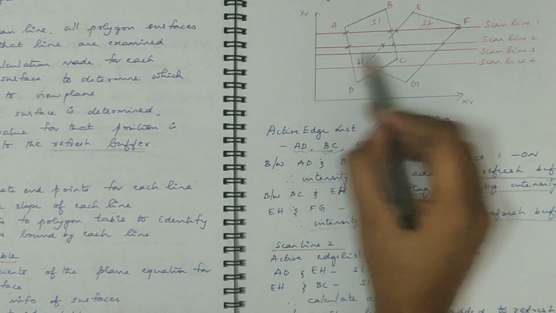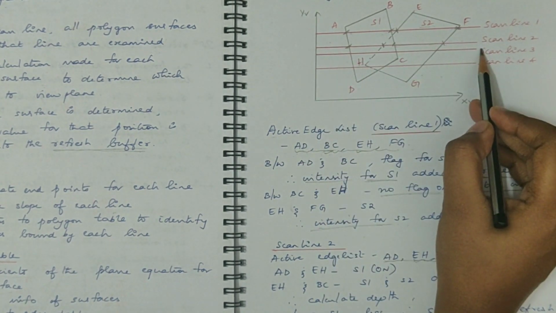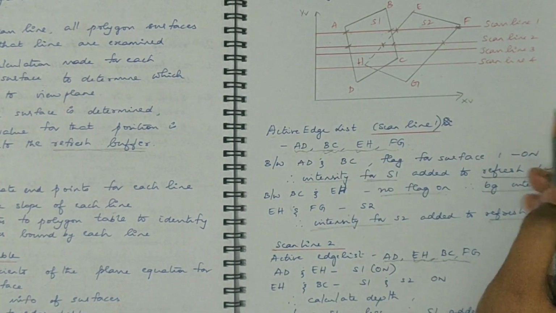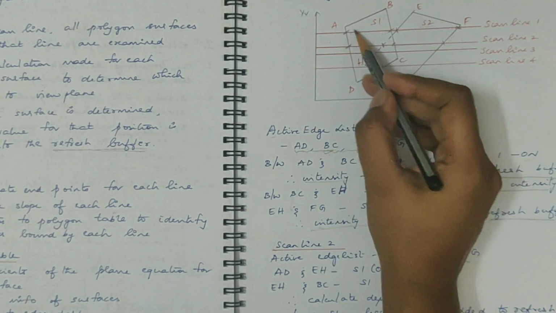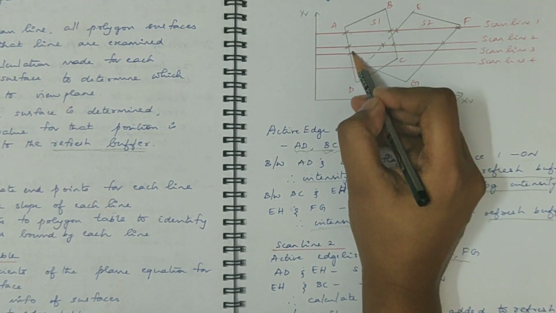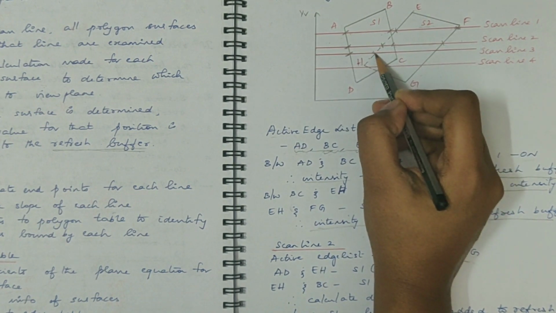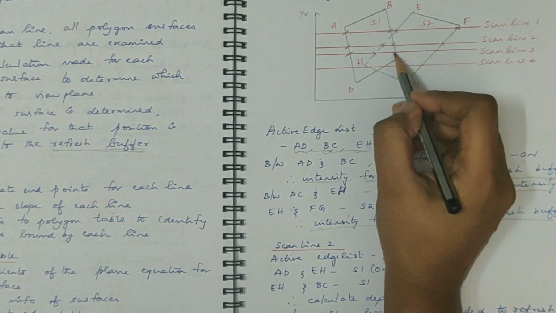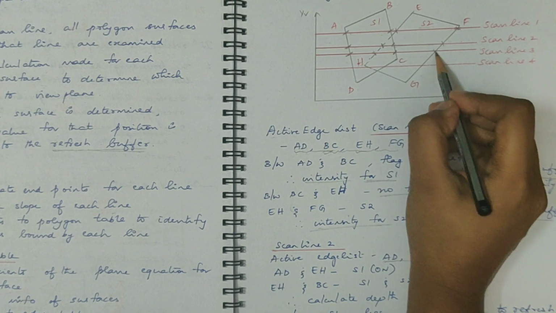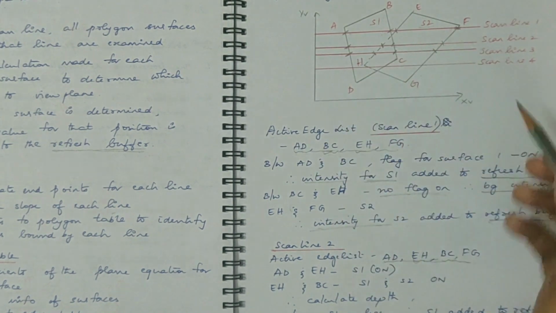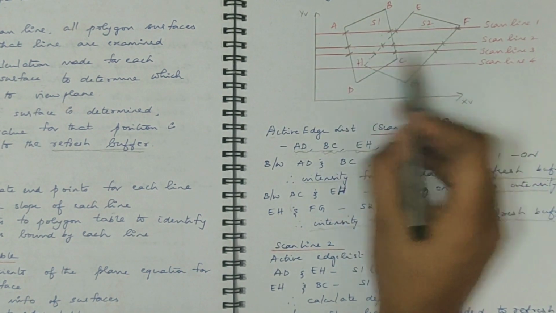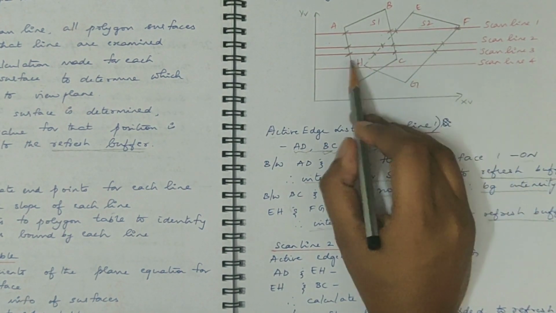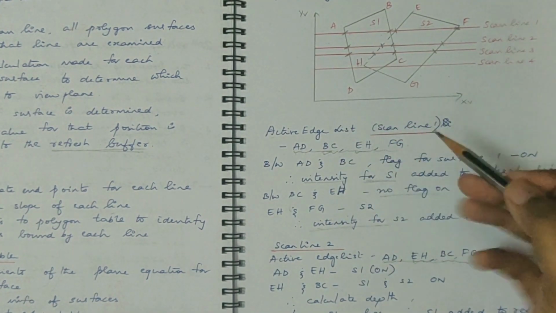Now if you look at scanline 3, for scanline 3 you also have the active edge list in the same order as for scanline 2. That is, you have AD, next you have EH, followed by BC, and then FG. As long as there is no change in the active edge list and no change in the line intersection order, there is no need to calculate the depth information repeatedly.